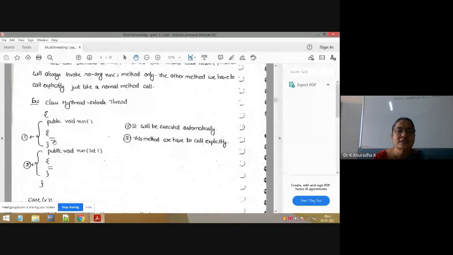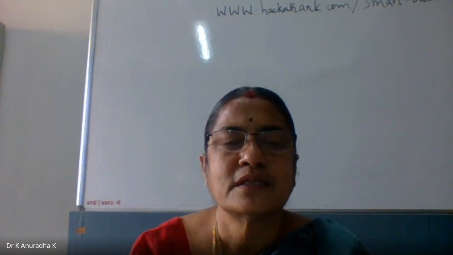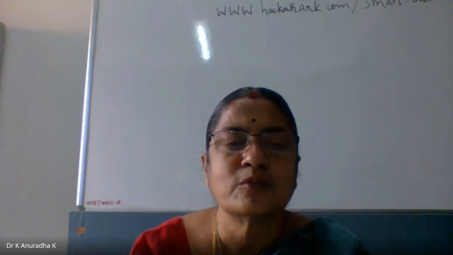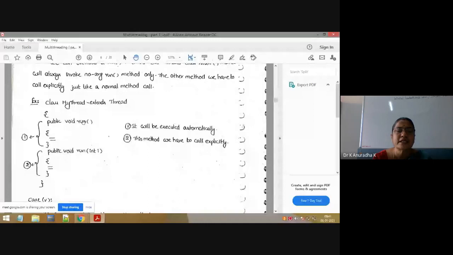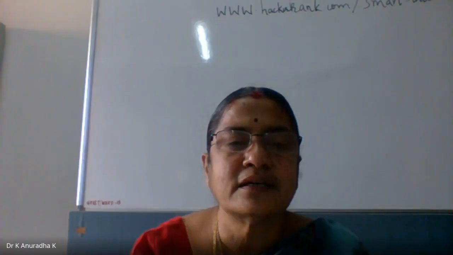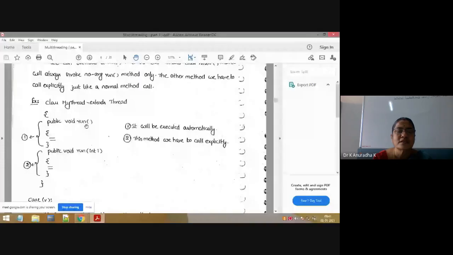Don't write the functionality of the thread here. It is like a normal run method. One more difference between these two is that this run method need not be invoked explicitly. We need not write t.run. Why? Because this overriding run method is invoked as part of the start method of the thread class.